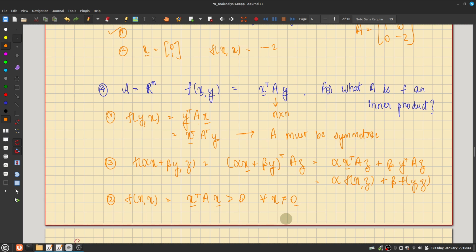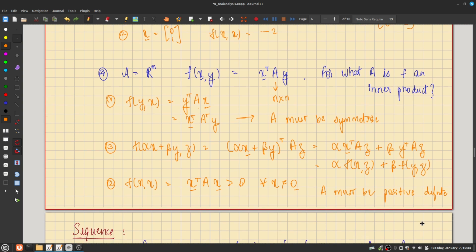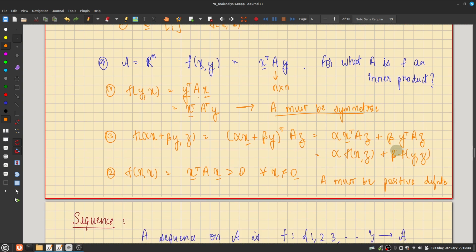What property should A satisfy? It should be positive definite. Right? We'll revisit positive semi-definite and positive definite matrices later on, but this basically says that A must be positive definite. All right, so as long as you have a matrix A which is symmetric and positive definite, you can define an inner product.